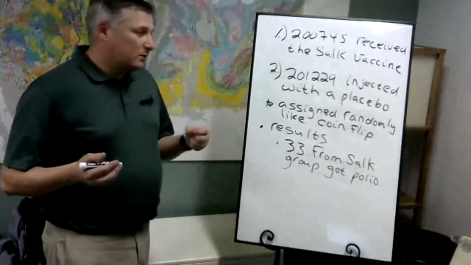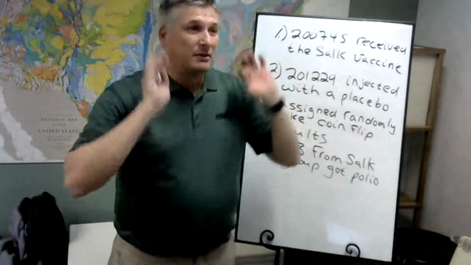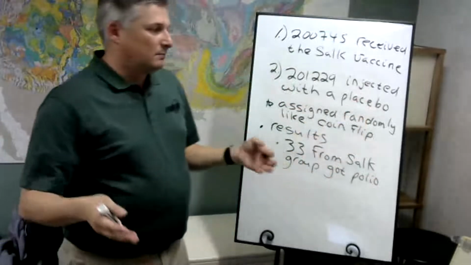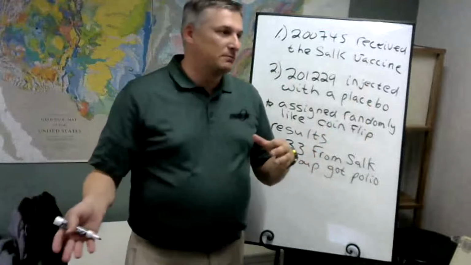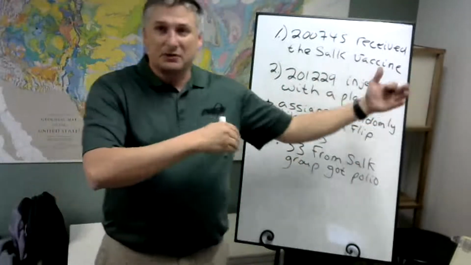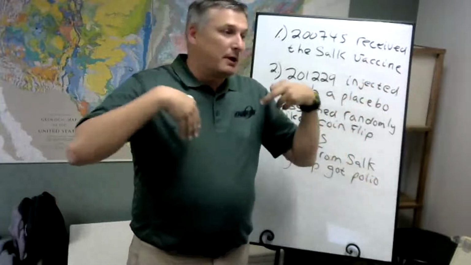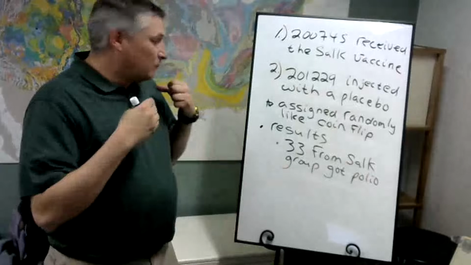So for all that we know, maybe the children received the injections and they went home, and then over the months, there's some period of time where you were going to do this study, and over that period of time, how many people got polio, how many didn't, or what did we see?